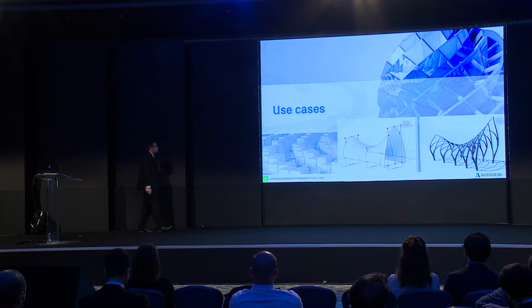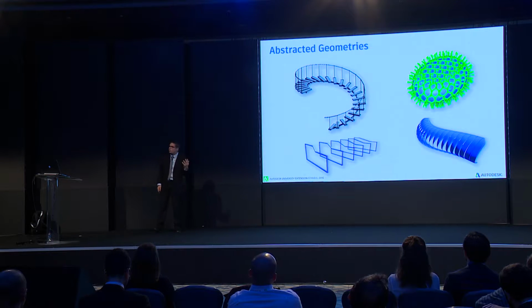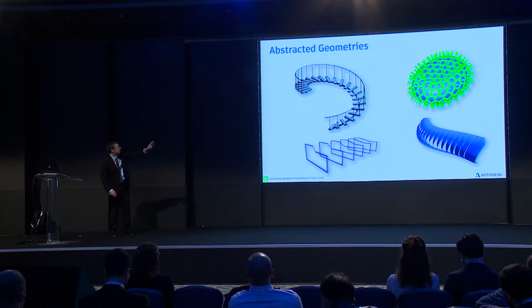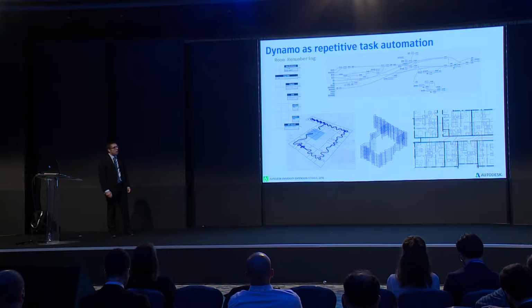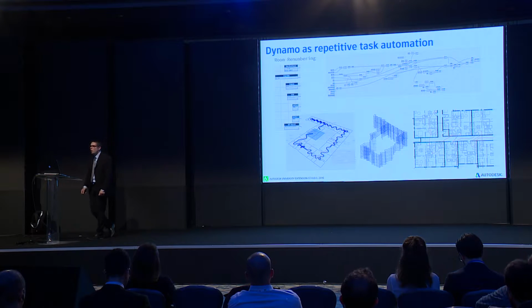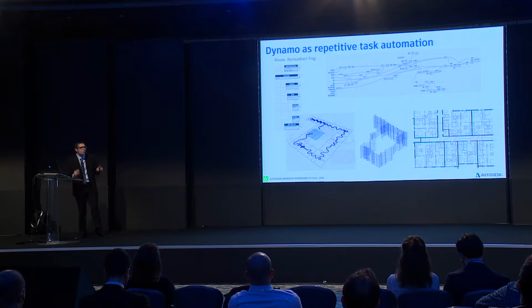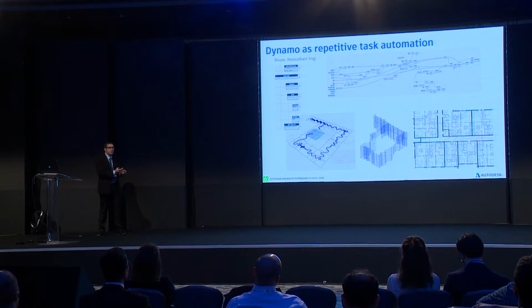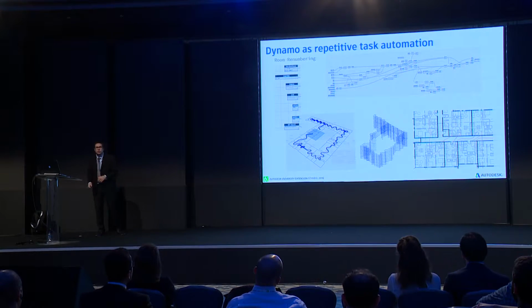Let's see what you can do. For instance, geometries, strange geometry like stairs or this kind of stuff. Or if you have a lot of repetitive tasks in Revit, you can quickly do this in Dynamo and run the script to make this action in Revit.